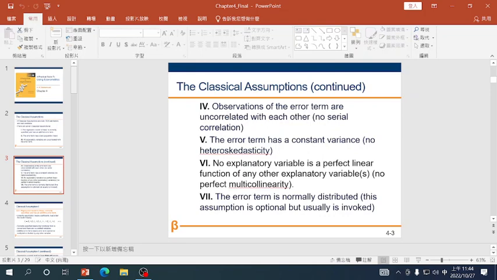No, since x2 can be expressed as 3 plus 2x1. As long as I know x1, then I will know x2. Therefore, from this expression, x1 and x2 look different, but in fact it is the same. Why? Because I can replace x2 with this relationship, right?